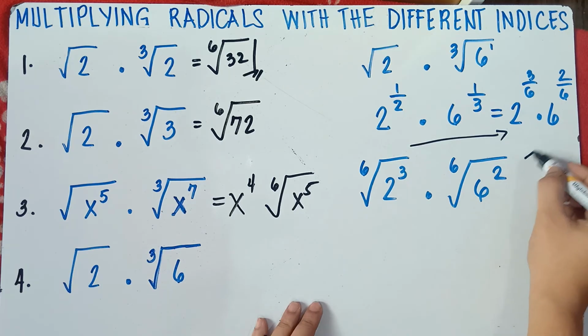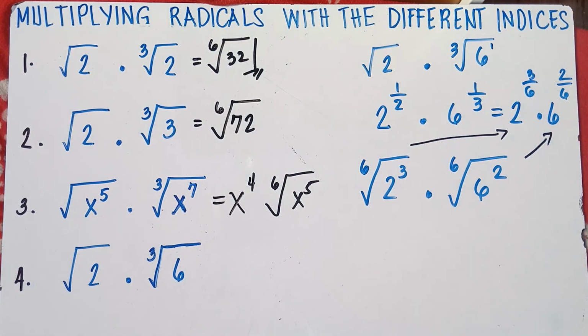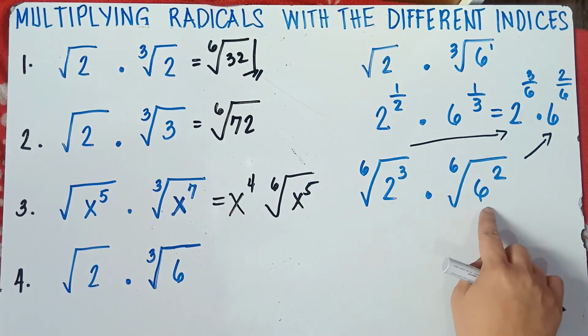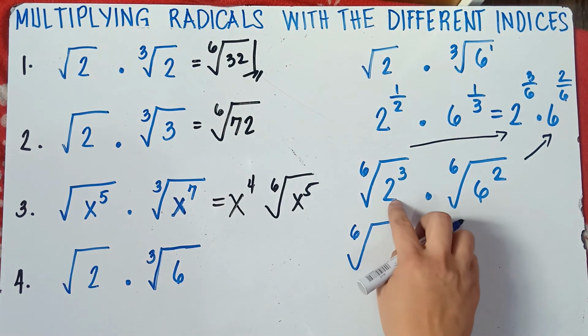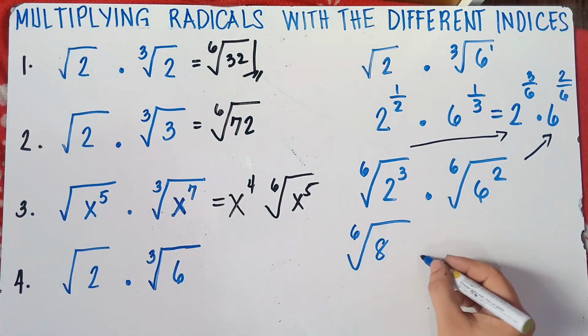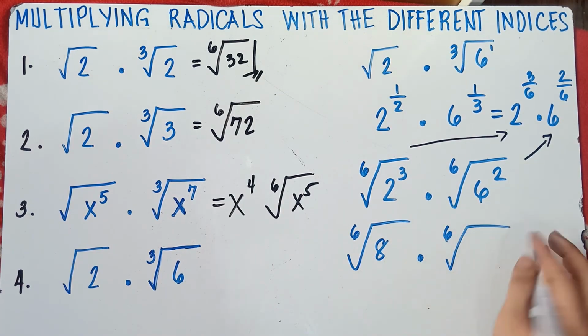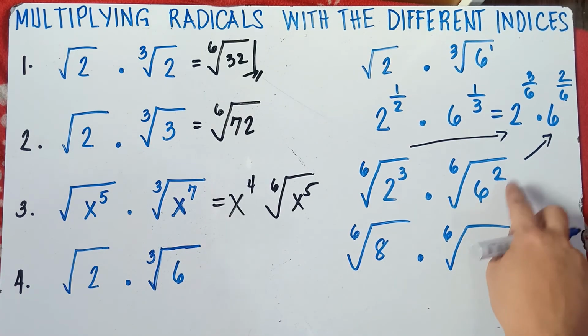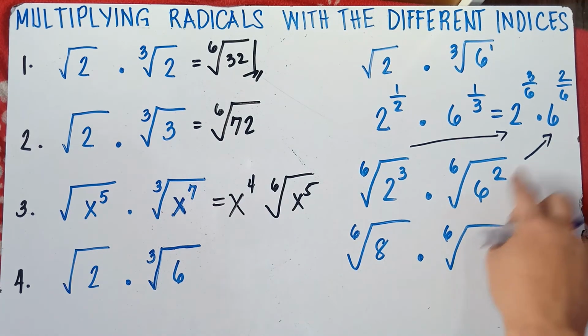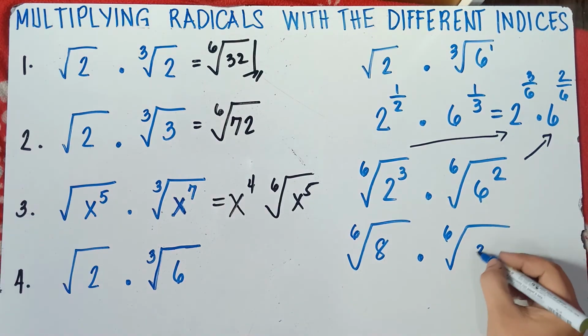I hope you're not confused with this one, class, converting rational exponents into radicals. So simplify this first before you multiply. The 6th root of 2 times 2 times 2, that is 8, times the 6th root of 6 times 6. Once again, it's not 6 times 2, class. It means 6 times 6, that is 36.